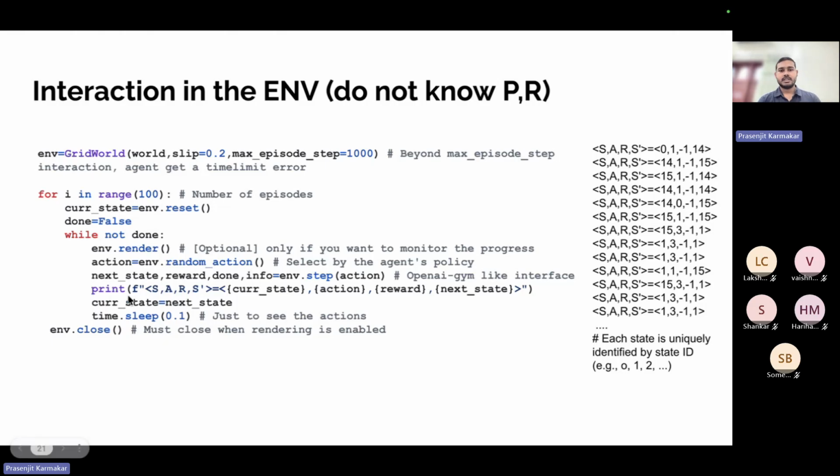Now, this is the interaction, right? Current state, you take some action, you get some reward, you get to the next state. In the next iteration, your current state will be the next state, so you need to replace the current state with the next state. And this time.sleep is just so you can visualize it.